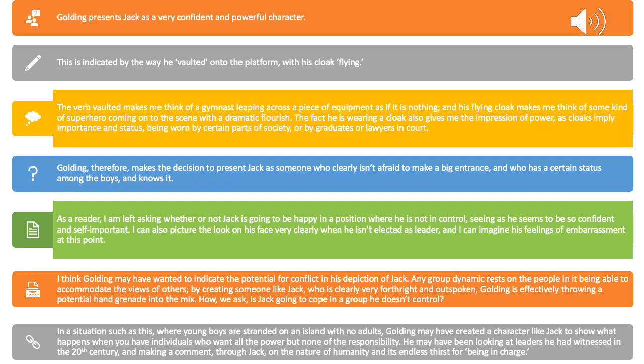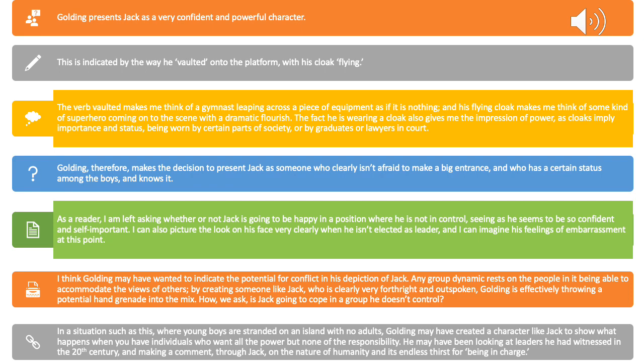So we know that the first stage in our answer is to answer the question in a sentence. So the question was, how does Golding present Jack? Well, I've answered at the top. Golding presents Jack as a very confident and powerful character. That's my initial answer. That is my gut response.